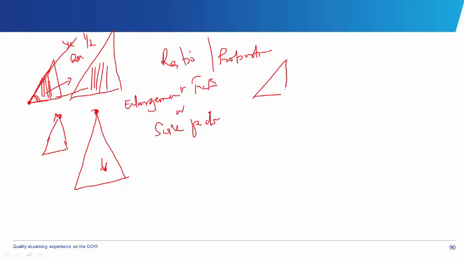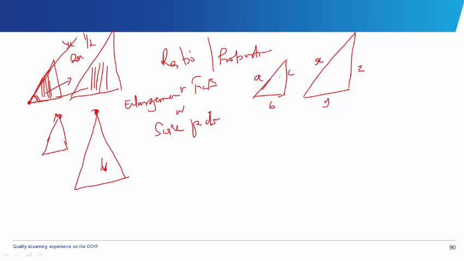Let me explain it. We have triangles like this. Let's call the sides A, B, C, and here X, Y, Z. So if this triangle is enlarged to form this, our enlargement factor will be the ratio of the corresponding sides.